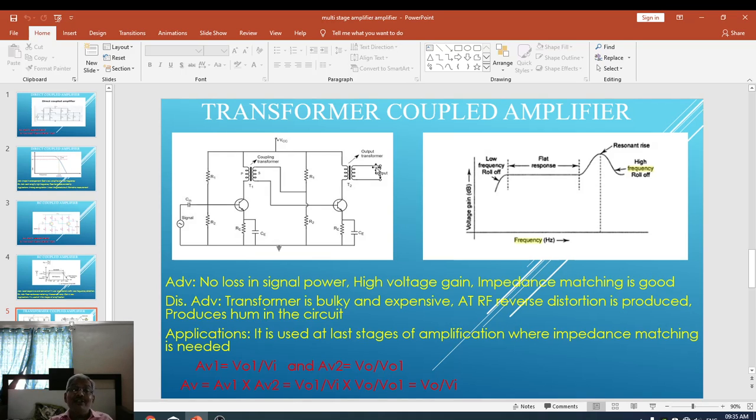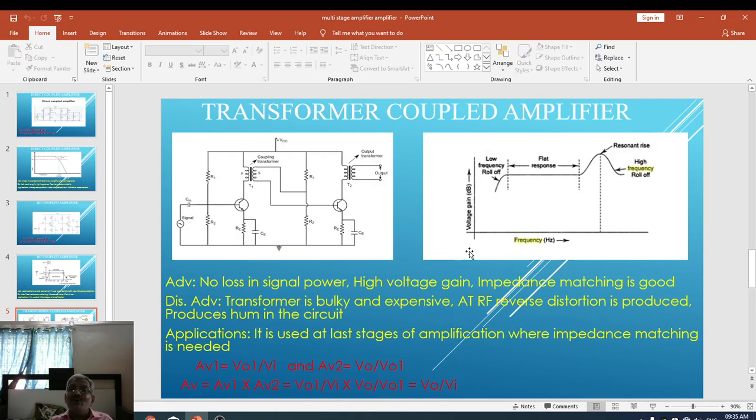Then calculate the gain of the transformer coupled amplifier, that is VO upon Vi, for the different input frequencies and plot the graph of voltage gain versus frequency, which is represented in this particular figure.